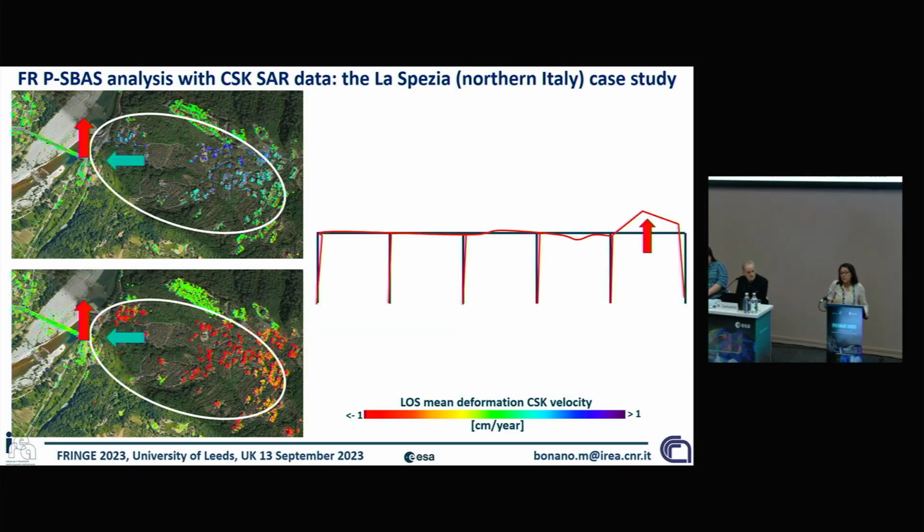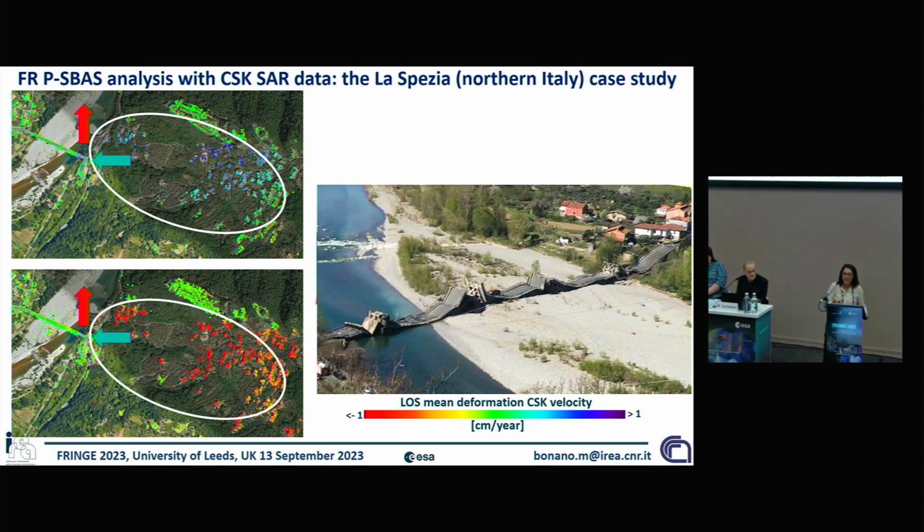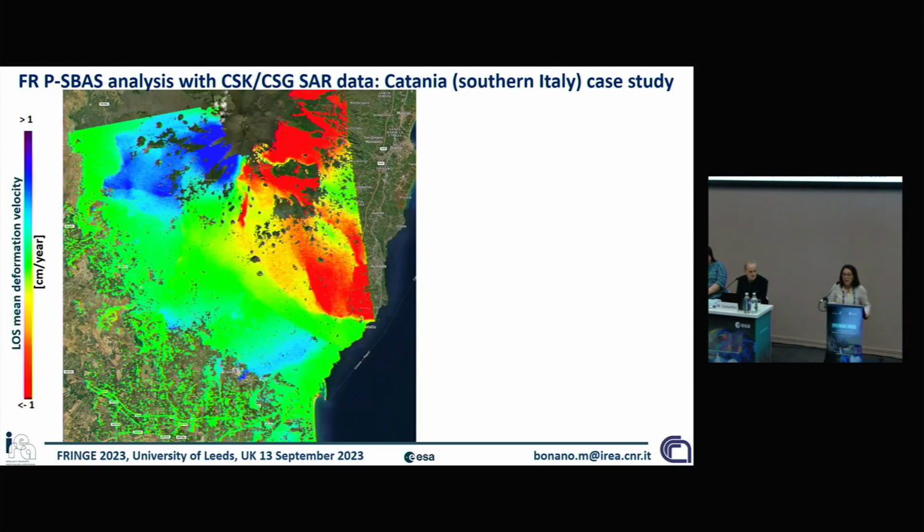And we assume that this kind of movement is responsible for the uplift of the bridge and of the failure of the bridge, as we can see in this picture.